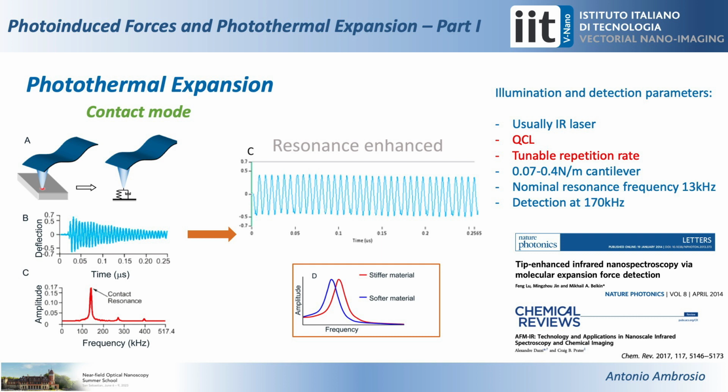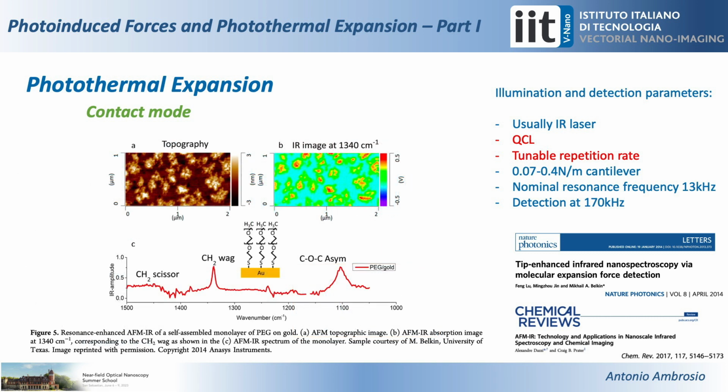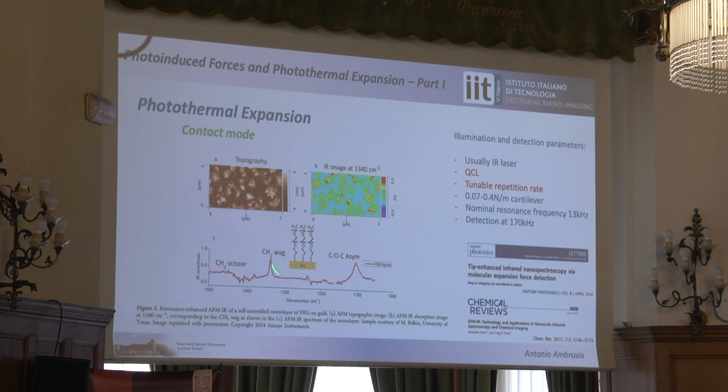But this is more sensitive than using an OPO, and the group of Belkin showed resolution in principle down to a SAM, a single self-assembled monolayer of molecules. To be honest, they have gold on gold and this molecule in between, so the signal we are speaking about is kind of enhanced. But nonetheless, they could distinguish the aggregates of molecules using going resonant with the excitation.